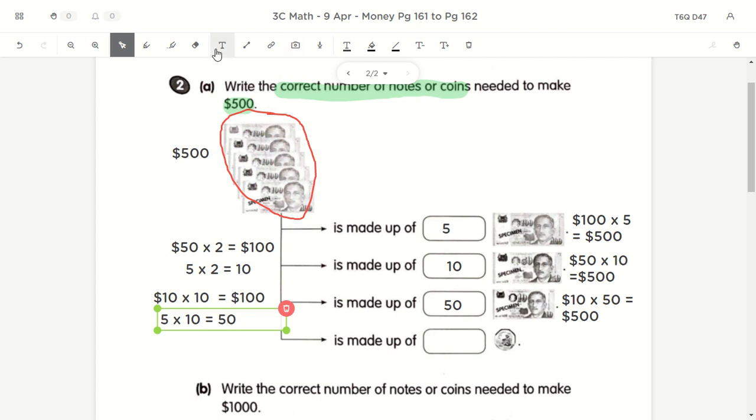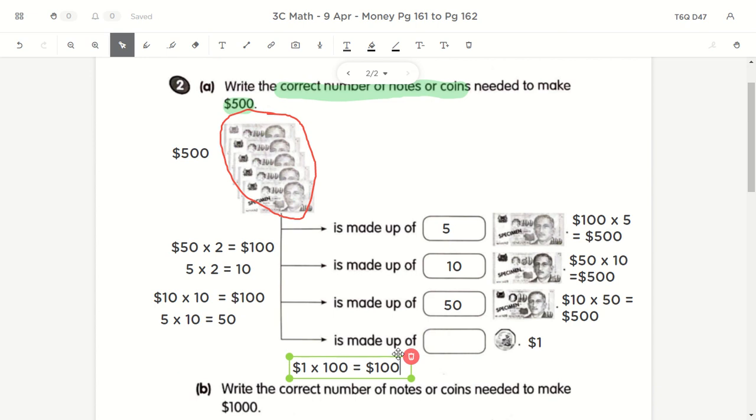we have $1 coin. Now it's not a note, now it's a dollar coin. So once again, let's go back to the value of 100. I know there are 5 groups of 100 in $500. So how many $1 would give you $100? This is quite simple. I know 100 $1 coins will give you $100.